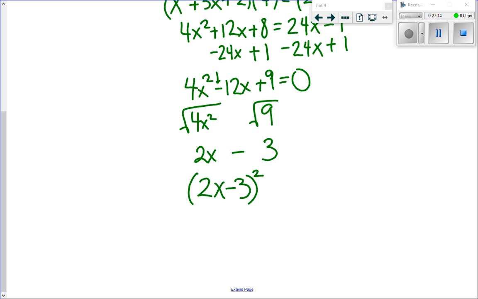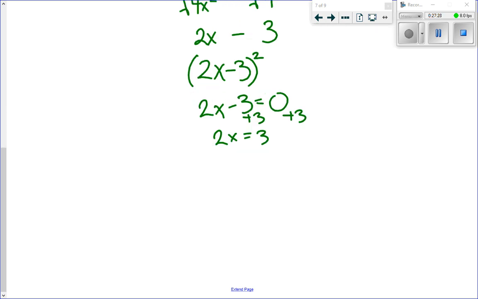So we are going to find the value of x. We've got 2x minus 3 equals 0. And that 3 moves over, and x equals 3 halves. Is it a plus or minus 3 halves?